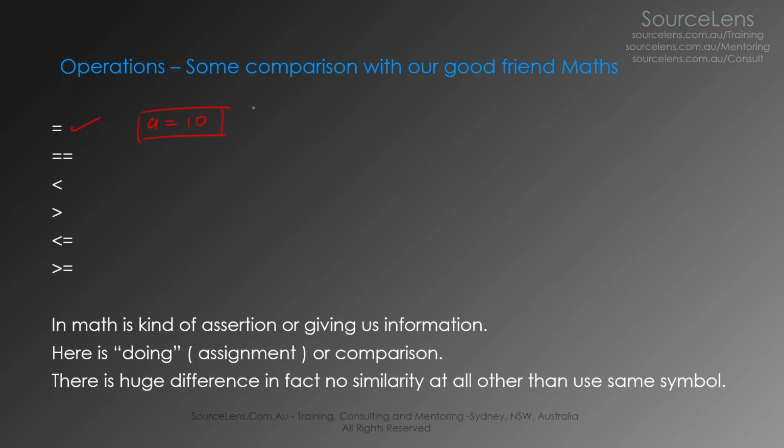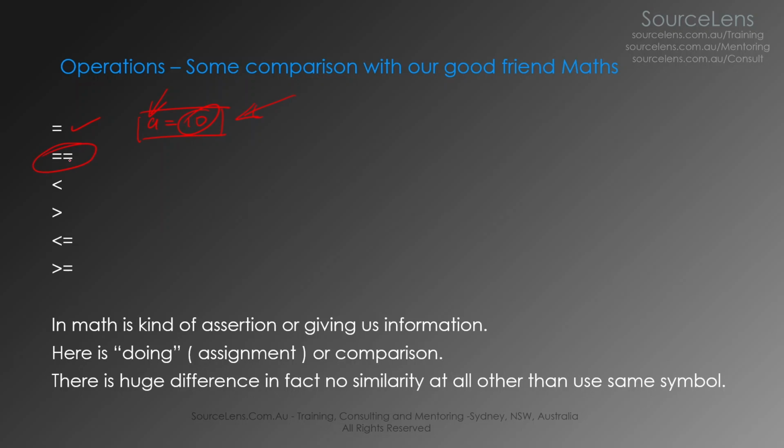Even instructors like me will read this sometimes as A equal to 10, but it does not mean that. It means A is assigned a value 10, or this particular bag or variable will contain value 10 after executing this statement. That's what it means. Very, very important. Very, very confusing as well. So that is something we need to remember.